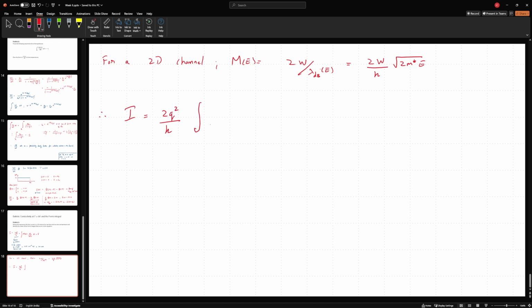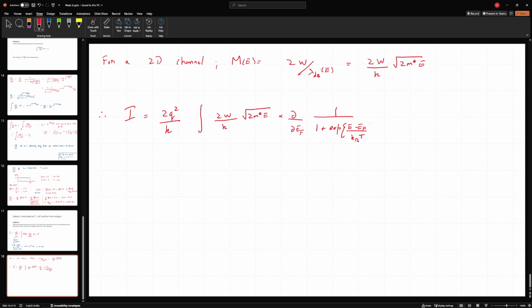integral of 2W on h square root of 2m* E into ∂/∂EF of the Fermi distribution function, which is 1 divided by 1 plus exponential of (E minus EF) upon kBT.